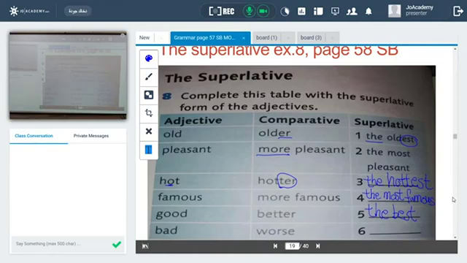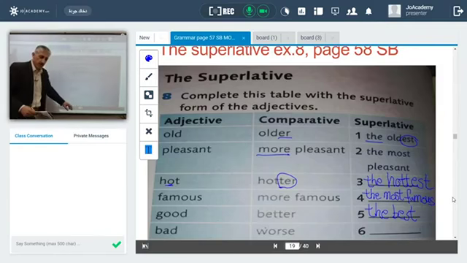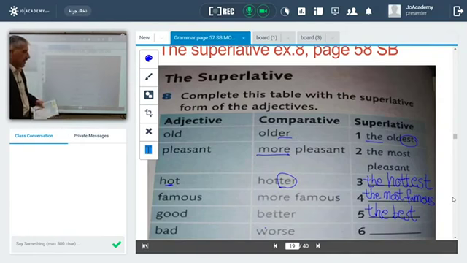The last one we have is bad. Bad means سيء. Worse means أسوأ من. He is worse than his brother. And if I say, like, Ahmad is the worst person in the class. Worst.